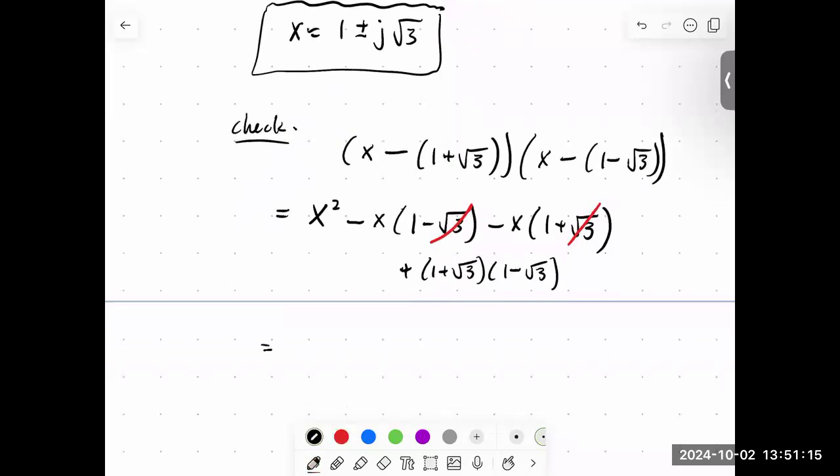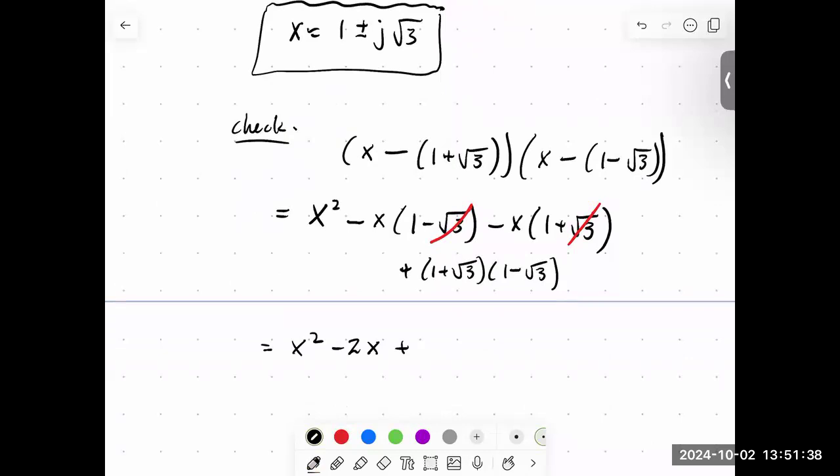And what do we get? x squared minus x, so it's minus 2x. And then what do we get? We get 1 times 1 is 1. 1 times minus √3, √3 times plus 1. The √3s will cancel, the cross terms cancel.